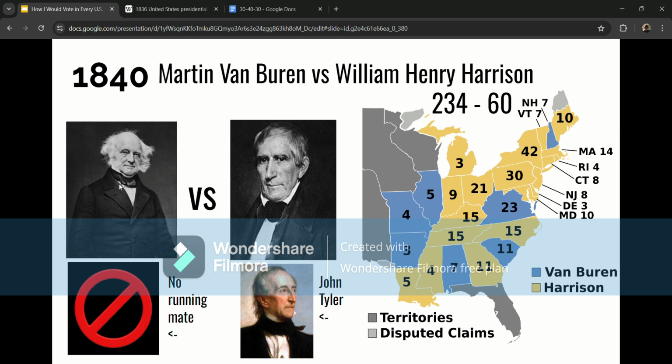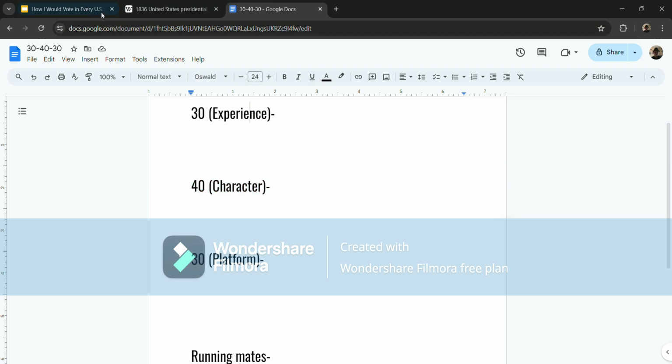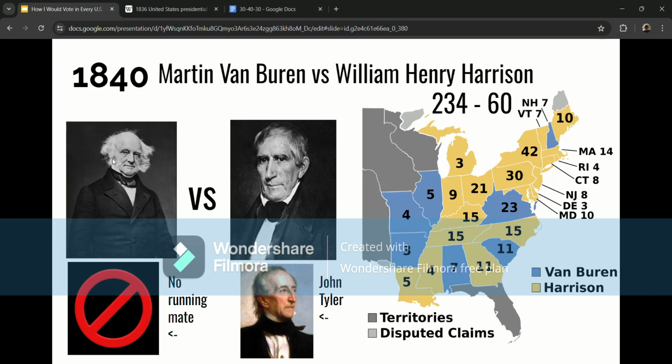So in 1840, Van Buren is looking pretty terrible. Technically, yes, he would win on experience, but I would just think that this would be an easy no-brainer, voting for William Henry Harrison and his running mate John Tyler in this election, because, I mean, come on. Van Buren is extremely out of touch with what's going on with the American people at the time.